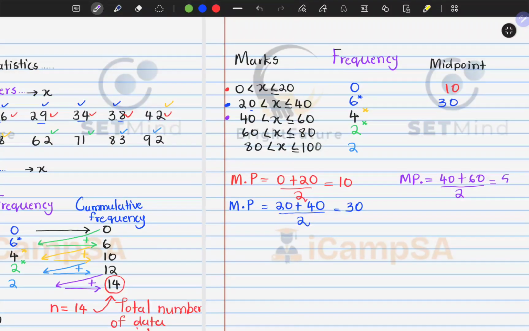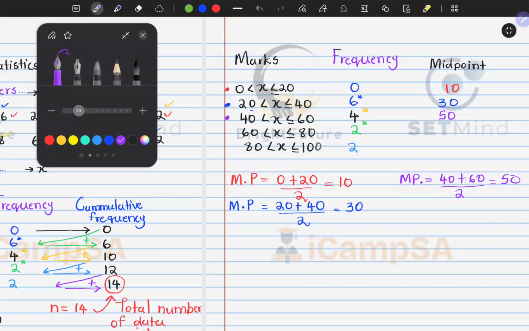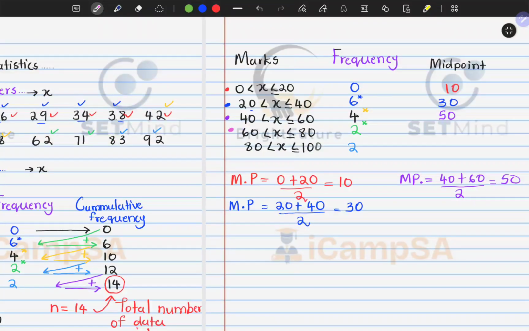That's going to be 100, so this will be 50. And for the next one, our midpoint equals 60 plus 80 divided by 2. That's going to be 140, so when you divide, you end up getting 70.